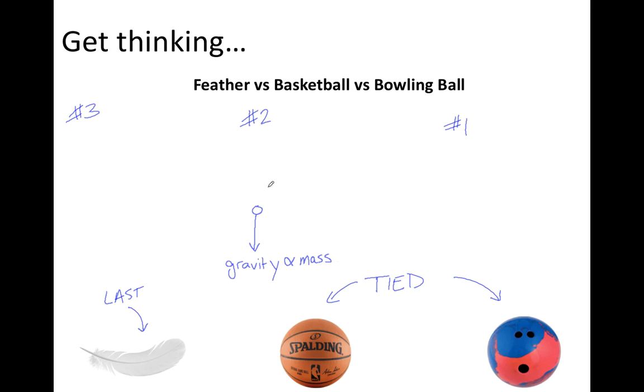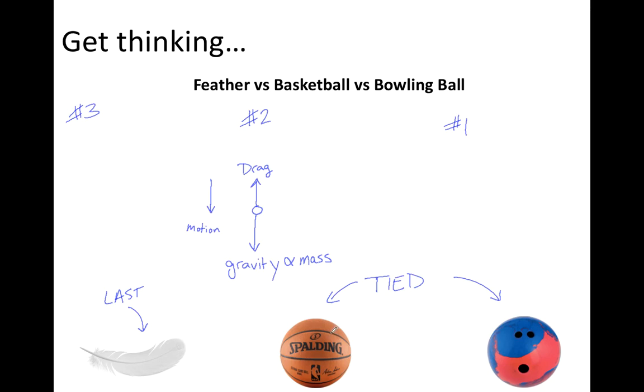But there was another force that complicated the motion of these objects. The objects all fell down, so they all had motion directed downwards. And there's a force that always acts opposite motion, and that force is what we refer to as drag. The effect of drag was the greatest on the feather.